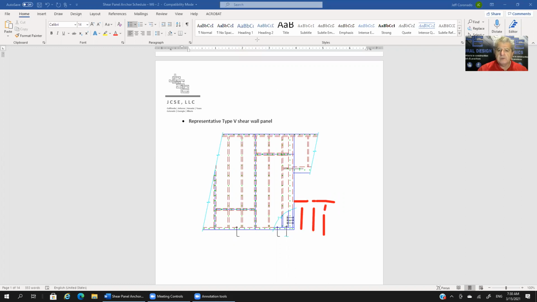The window will draw kind of an X to represent the opening. So whether this is a door or a window or just a wall end, that kind of covers all scenarios, representative scenarios of what a type 5 shear wall would look like.